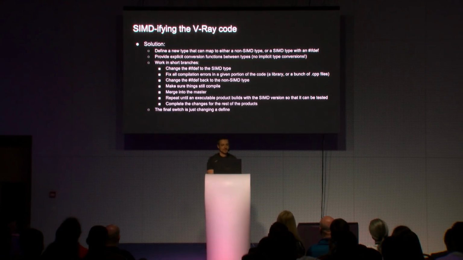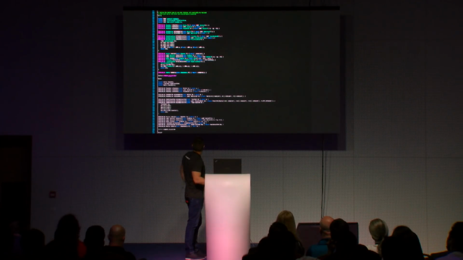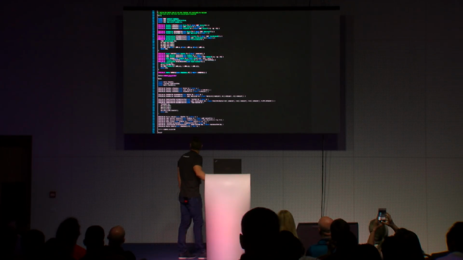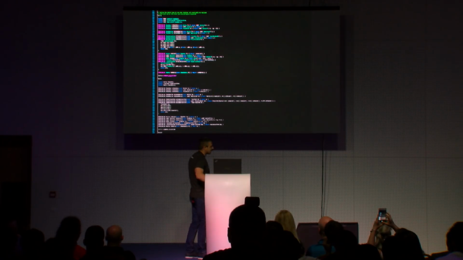And then I would work, so this is kind of what it would look like. In the first half of the screen is the SIMD version of some internal structures used by VRay, and then you can switch to the lower part, which uses the non-SIMD versions.